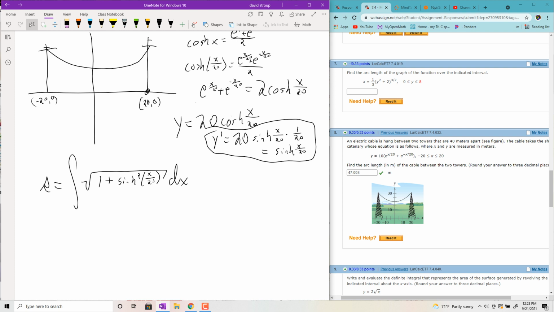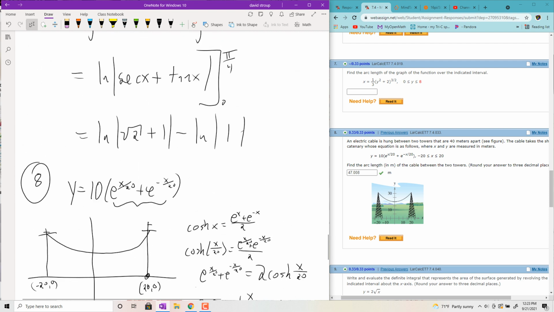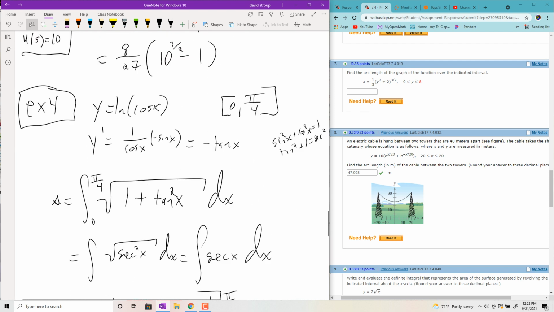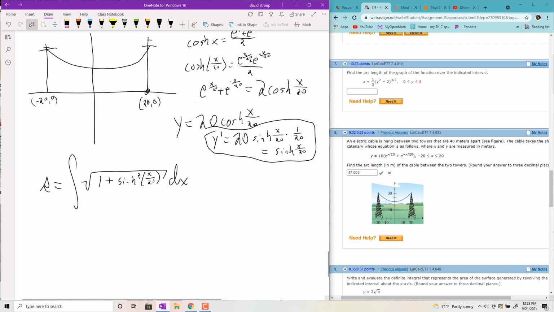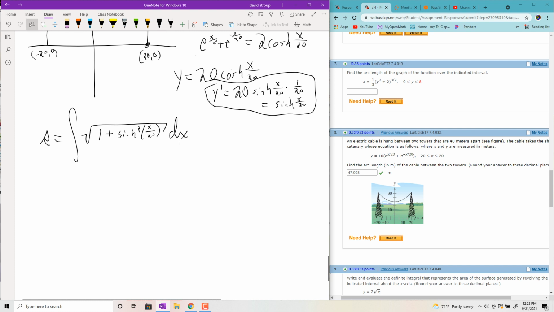Then this, believe it or not, we can simplify in the same way we simplified back here. I don't think the book does that, but you can. It's an identity similar to the Pythagorean identities: cosh squared x minus sinh squared x is equal to 1. So you could replace 1 plus sinh squared with cosh squared. And that will work out real nice for us.